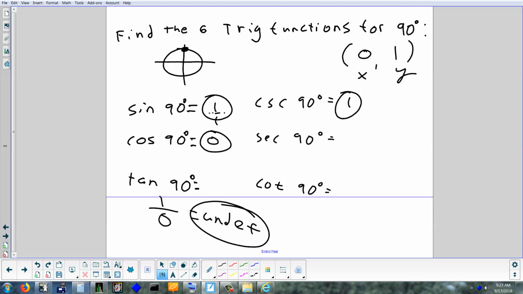Okay. And let's look at 0. That's not a fraction. So we could make it a fraction by putting a divide by 1 in the bottom. So when we flip 0 over 1, we get 1 over 0. And what did we just say 1 over 0 is? Undefined.